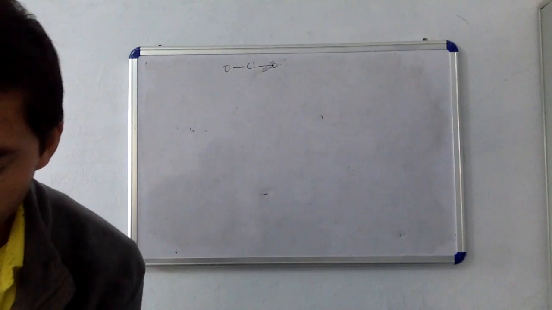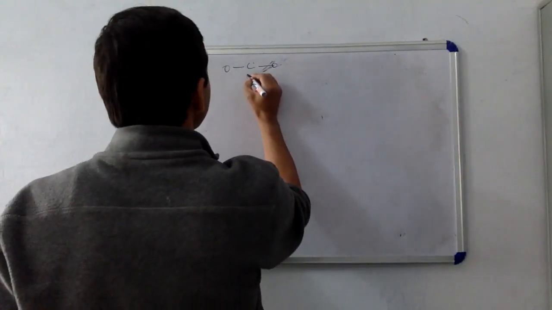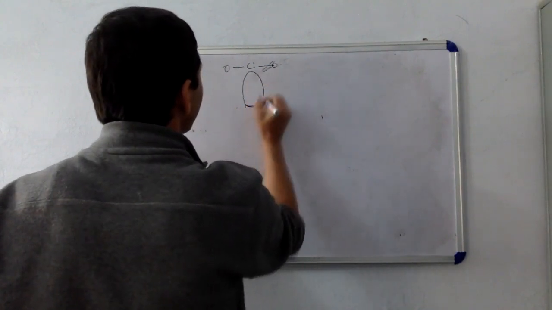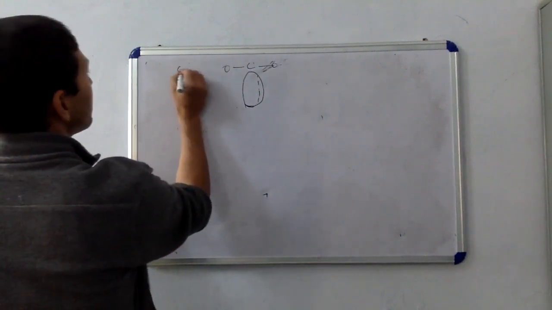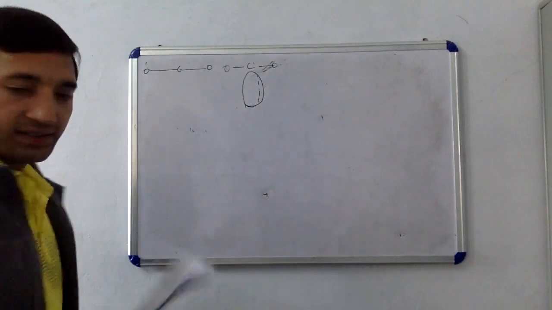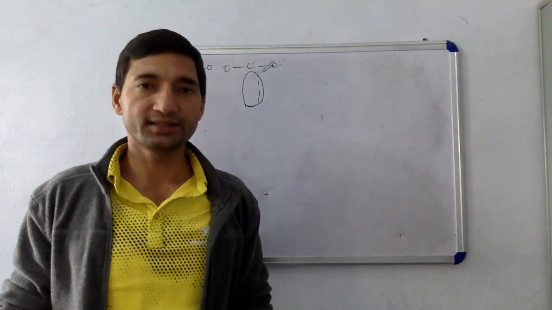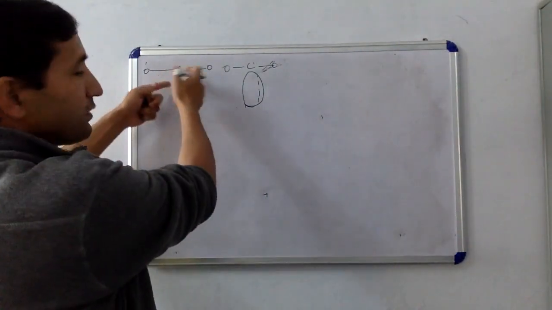So the first case is that again you have the polarity ellipse in this fashion. Now if the extreme left O and this O are moving away from the center atom, that is the C, then obviously this bond is stretching.